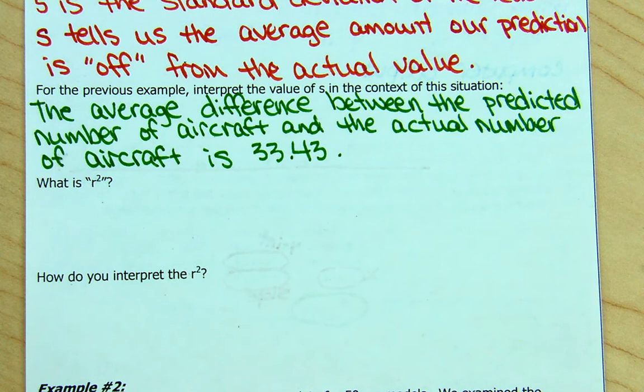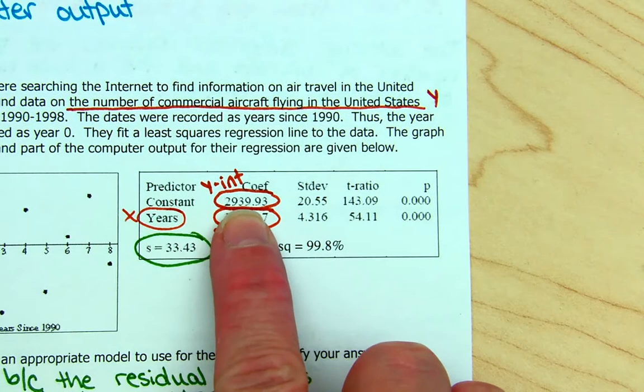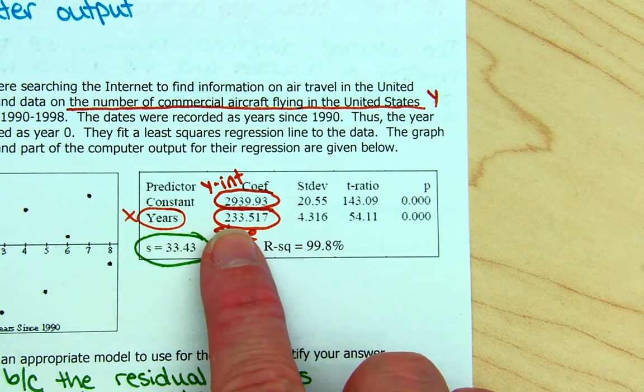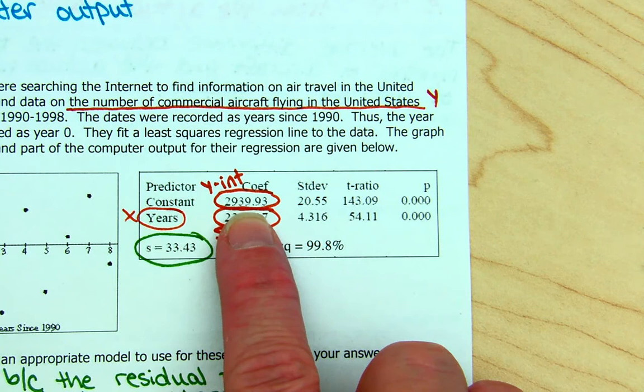And when you think about our slope and y-intercept values, those were big, right? Our y-intercept was almost 3,000. Our slope was 233. So if we're looking at 33, that's pretty small in comparison to these.